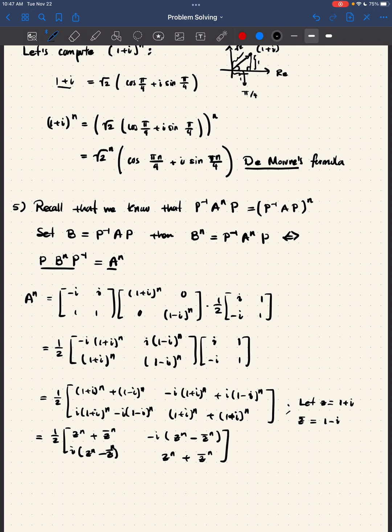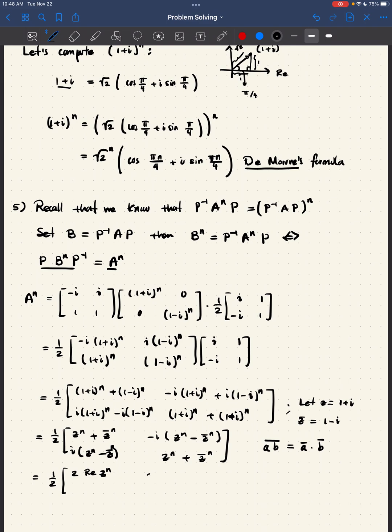But look, we know that when you multiply two complex numbers and you compute the conjugate, that is the same as if you calculate the conjugates individually and then you multiply. So, what does this mean? That means that we can do the following reduction. This becomes 1/2 of twice the real part of z to the n.